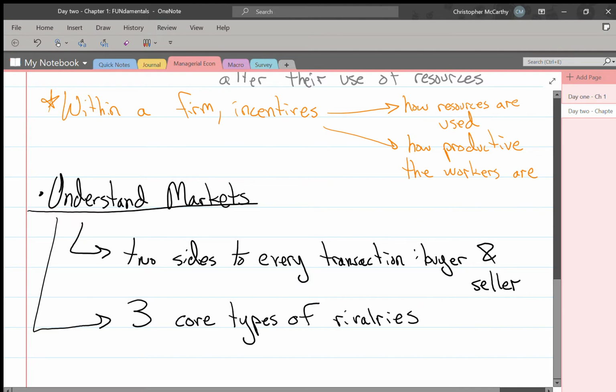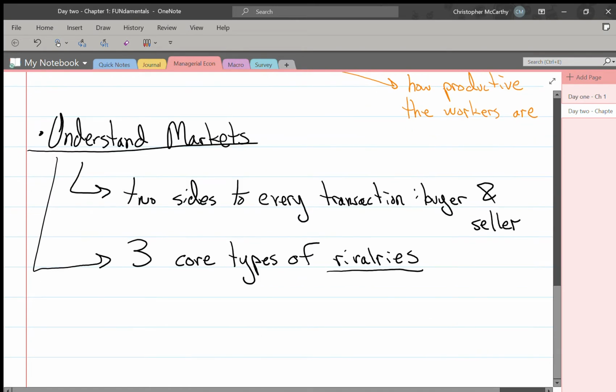And these determine the bargaining position in economic transactions.